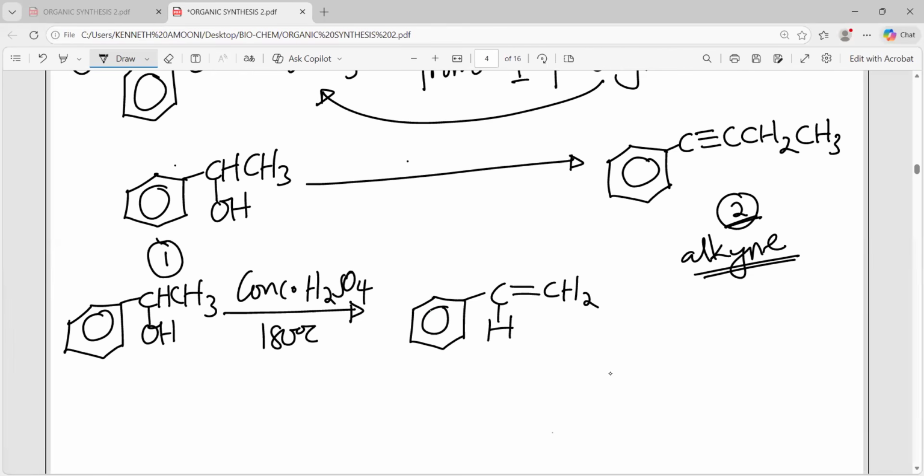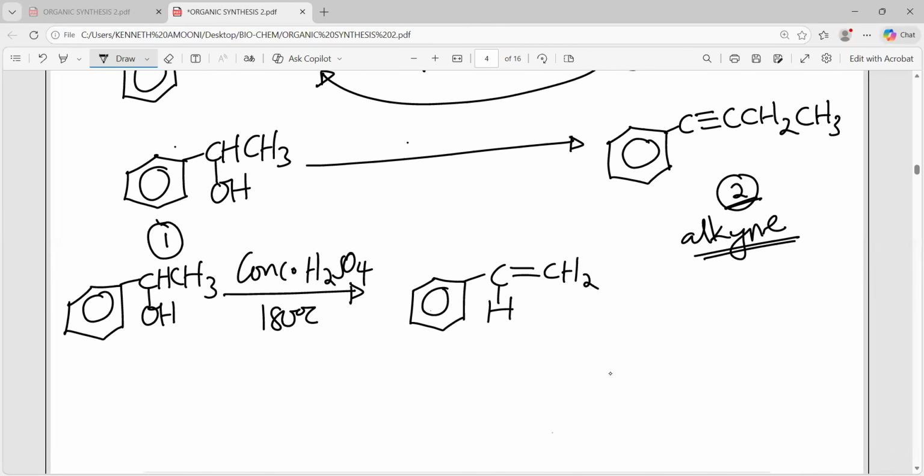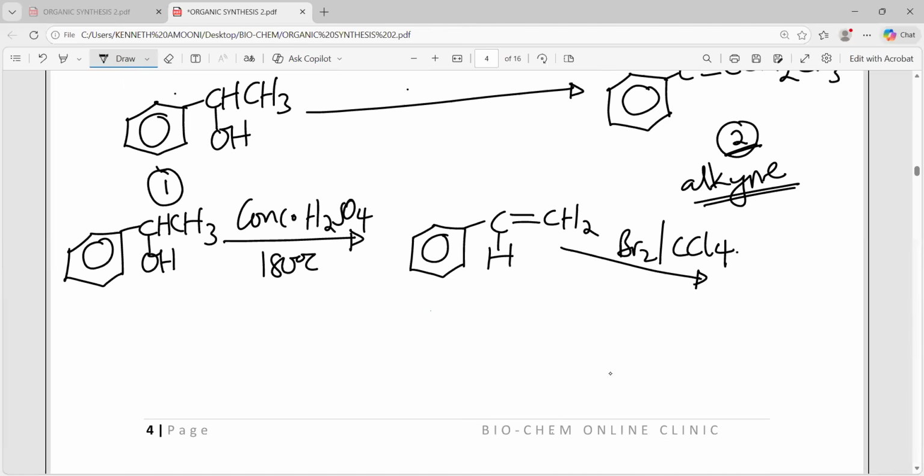Then after forming that alkene, I want to form an alkyne. But before that, you can first add a halogen. So we can add bromine in the presence of carbon tetrachloride to give us CBr, CH2Br.